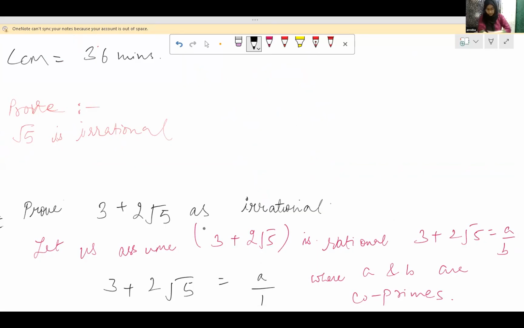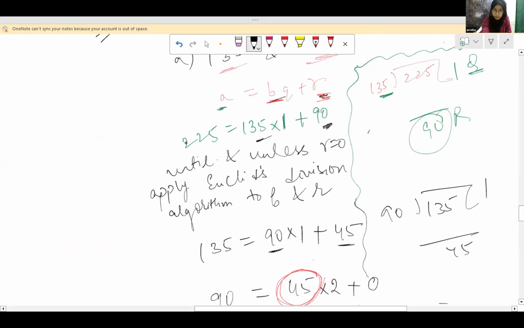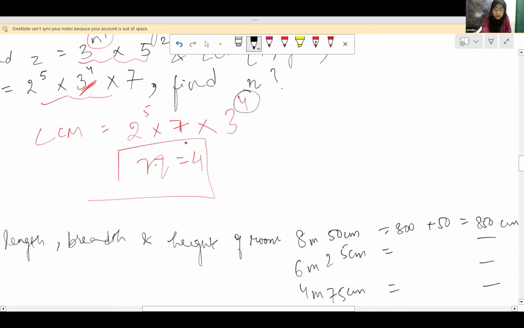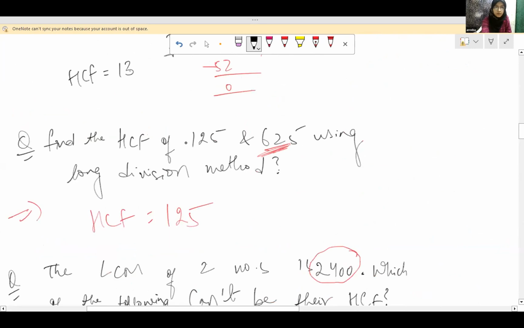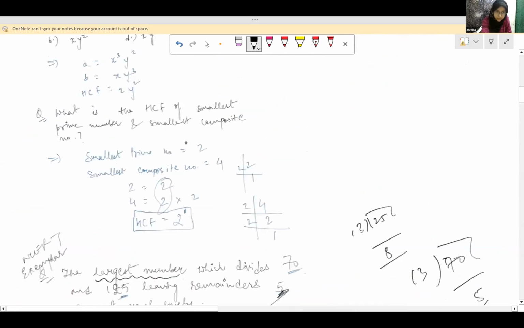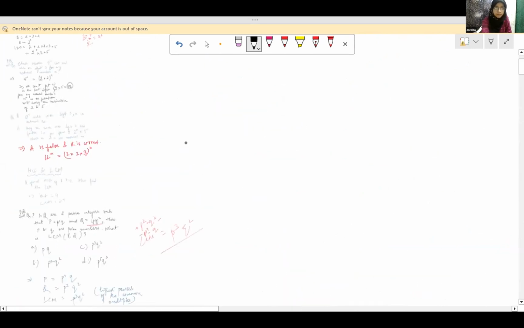Rumaisa, Afreen and Ifra, all three of you, just go through NCERT from exercise 1. We have done prime factorization, HCF, LCM, then rational, irrational, right? Yes. Then different types of questions on HCF, right? Yes. Okay.